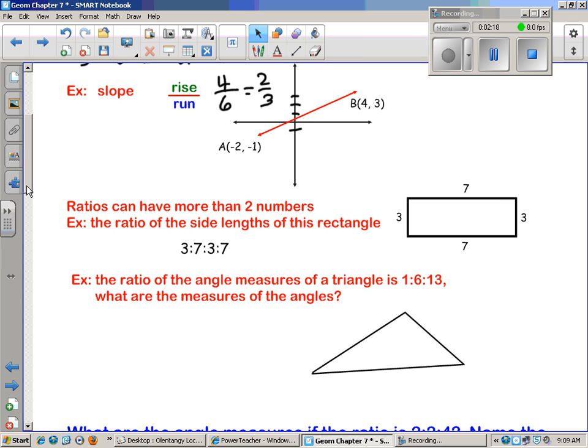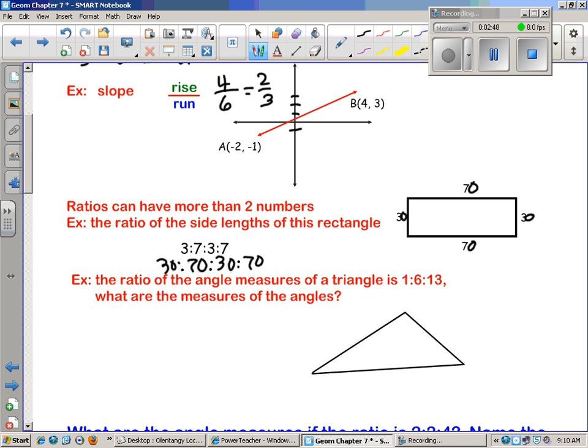That's the ratio of their sides. So even if this rectangle was 30 to 70 to 30 to 70, you always reduce fractions to lowest terms. So if I had 30 to 70 to 30 to 70, what would that reduce to? 3 to 7 to 3 to 7, right?